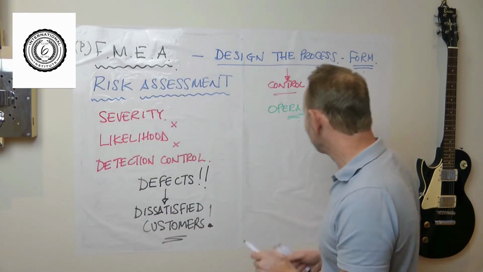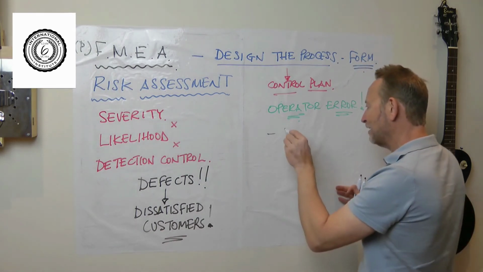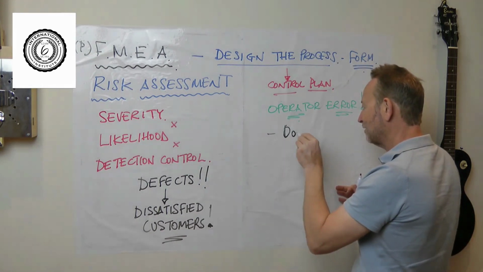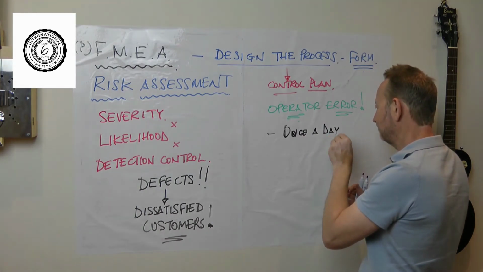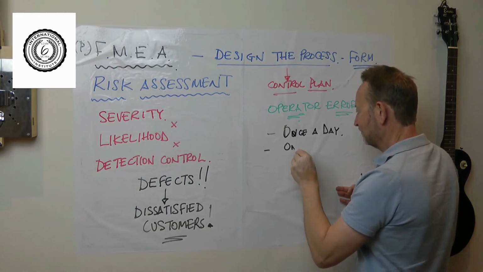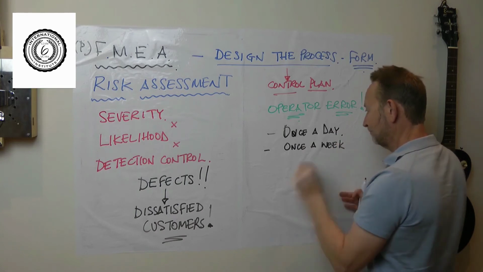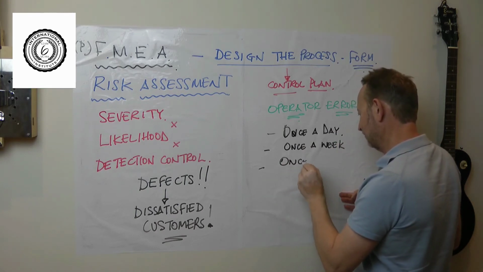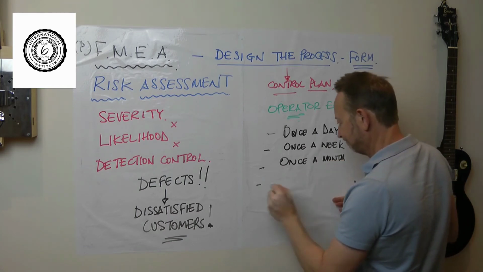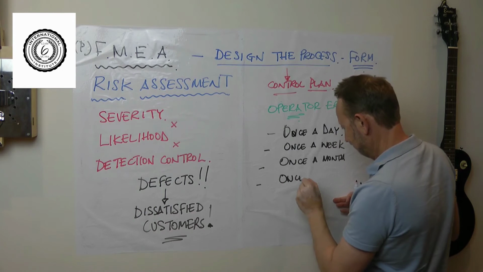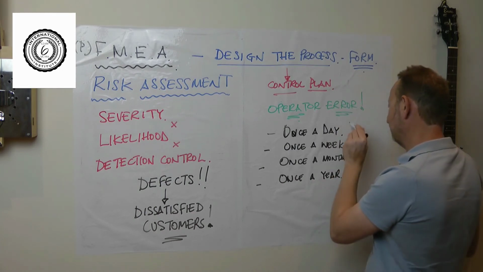The rule I use for how likely is it to happen is: is it likely to happen once a day, once a week, once a month, once a year?